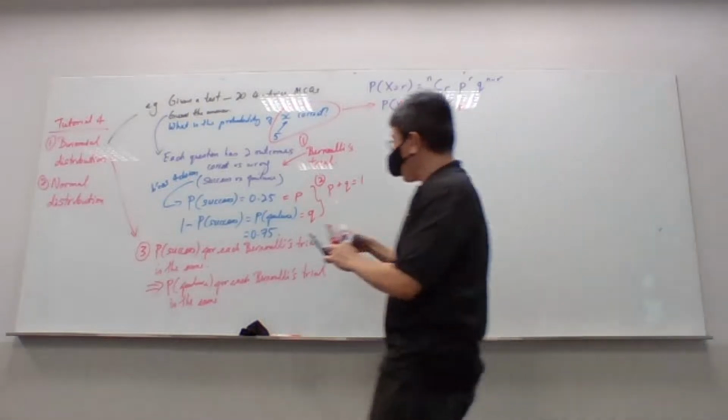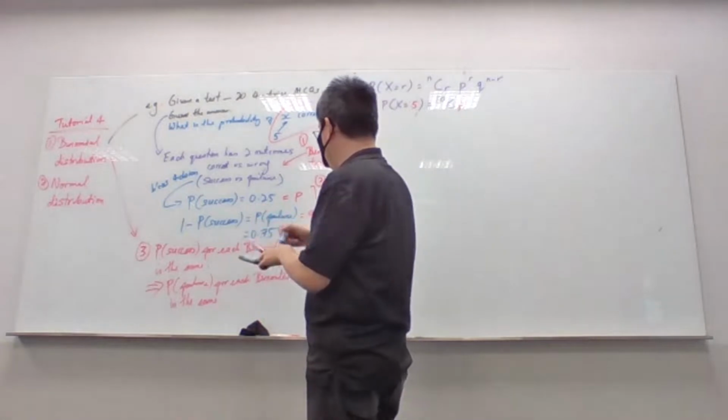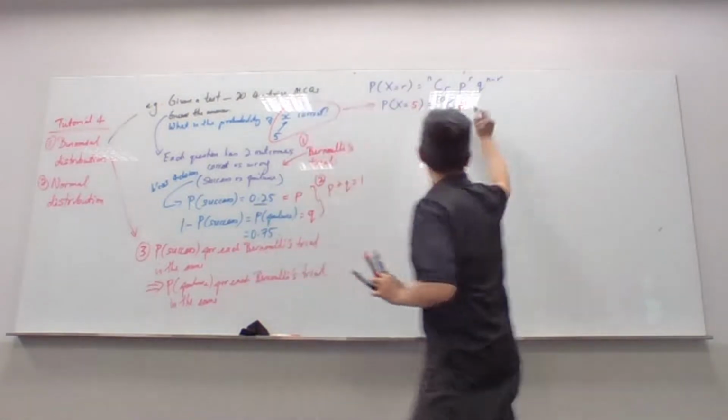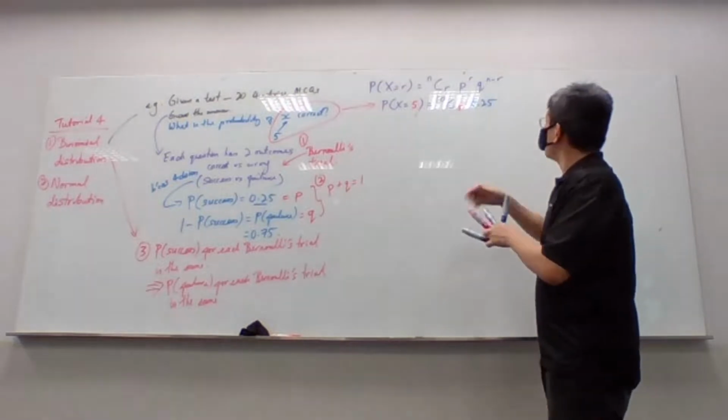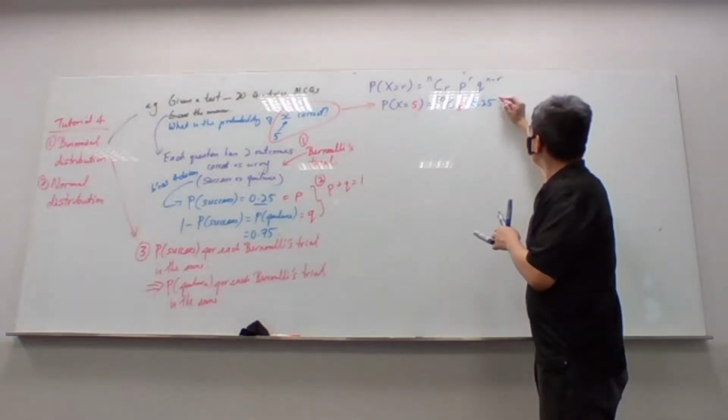Now, P you already have here. P is 0.25 to the power of 5.